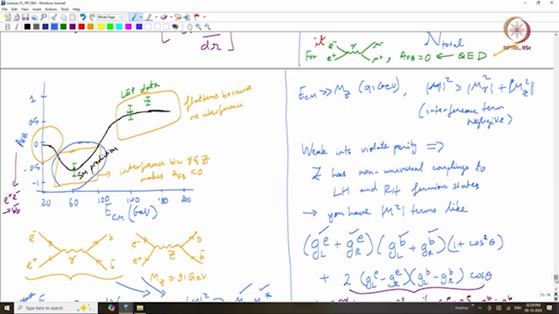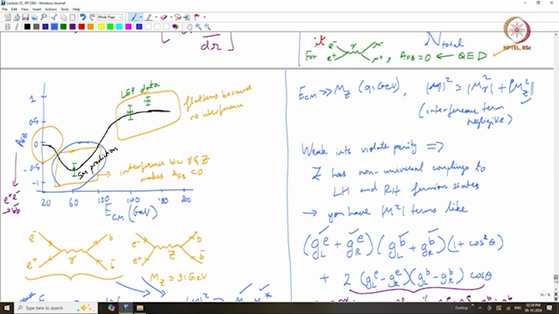It is an intricate interference, but then as you go to center of mass energies higher than the Z boson mass, it again flattens out because the interference term becomes negligible and the M_Z squared term starts dominating. So it is as though you have added another gauge boson, a non-interfering gauge boson to the theory, but this time with parity violated.